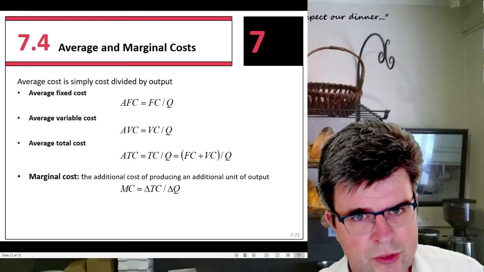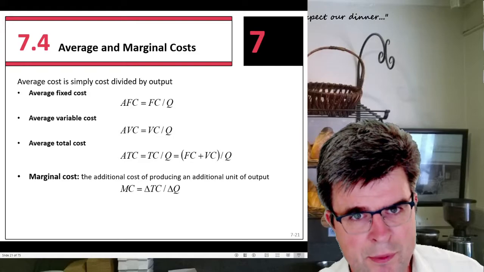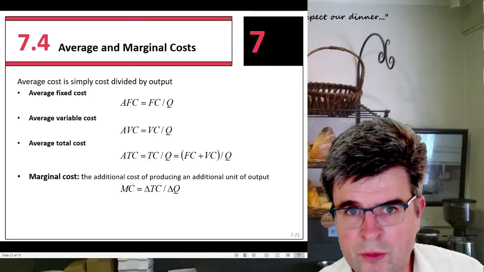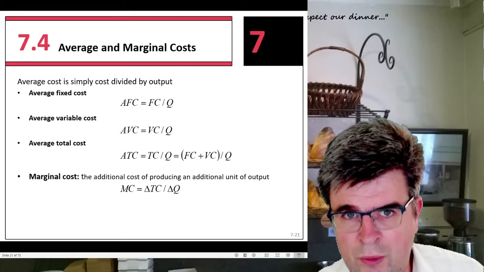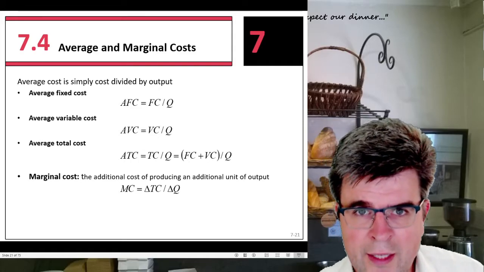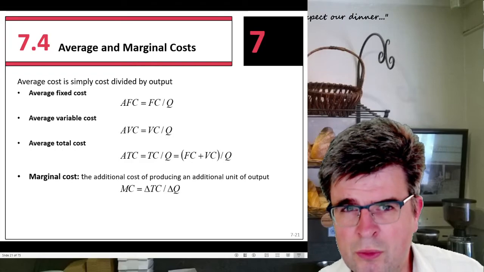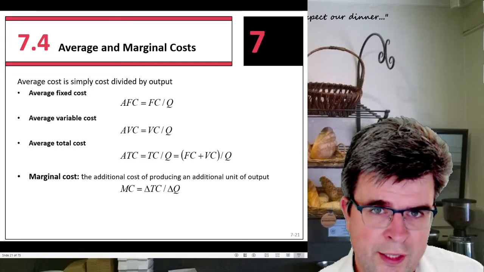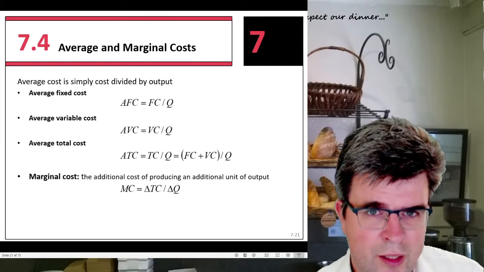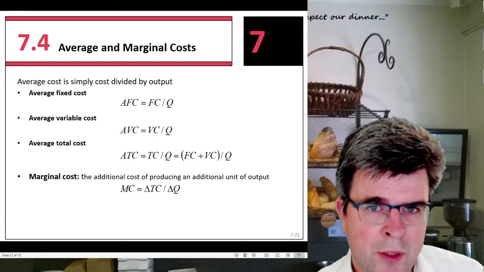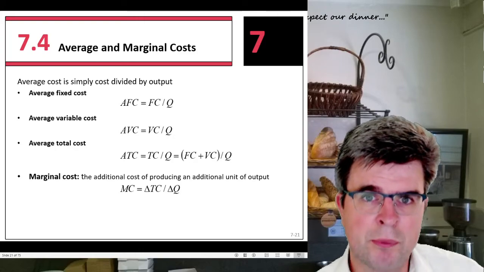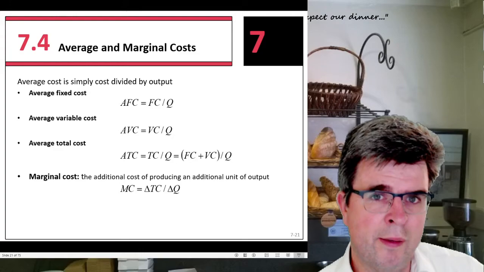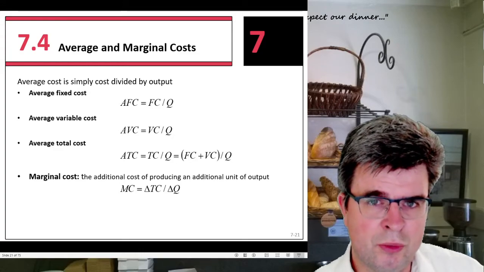Now the marginal cost is also a very important concept because you don't only need to decide whether to shut down or not, but given that you are active in the market and don't shut down, you need to decide how many units to produce. For any unit that you produce, you can ask the question: by how much will my cost increase if I produce another unit? What is the incremental cost of producing an additional unit?